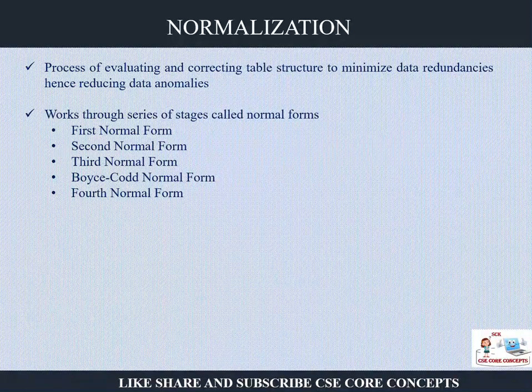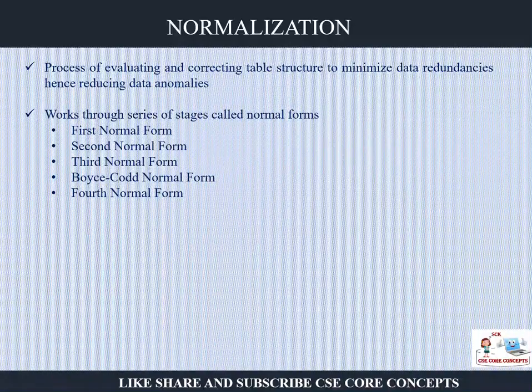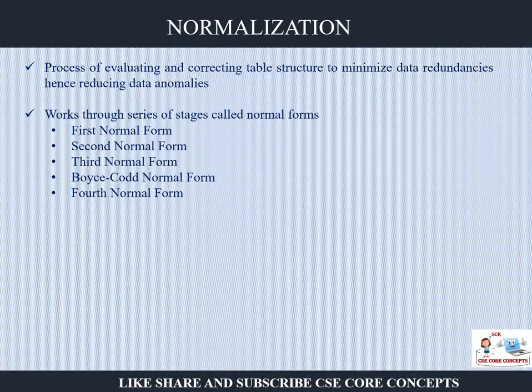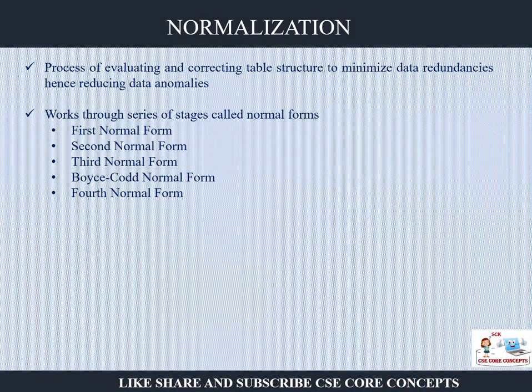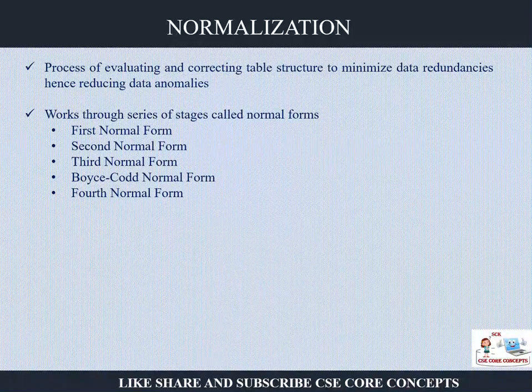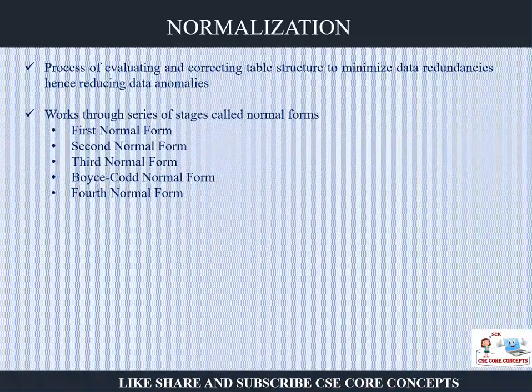If it is a matter of only 1 or 10 records, it does not matter if the data is redundant. But when you have millions of records, redundant data causes problems. In fact, it causes inconsistencies in the database and causes data anomalies.